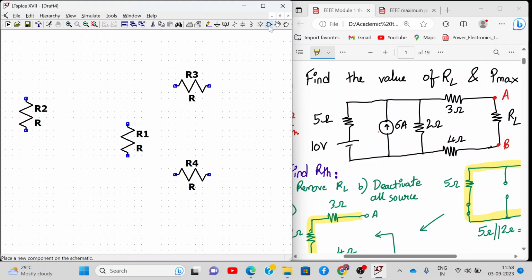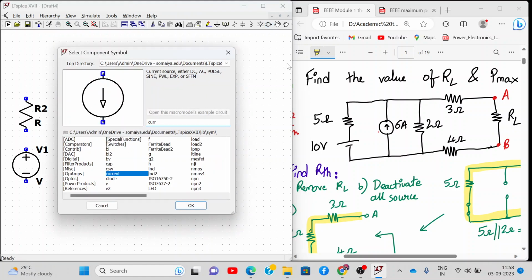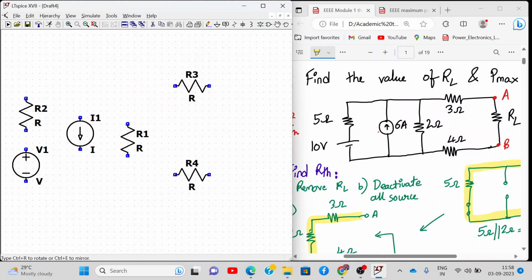Now I require a voltage source, so I type voltage, and I require one current source, so here I'll type current. I need to rotate it, so Ctrl R. Now I'll join everything together with wire.